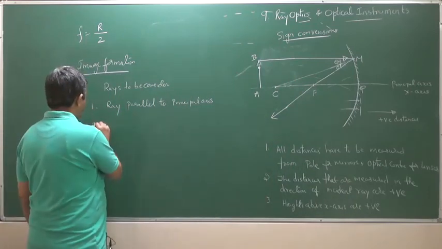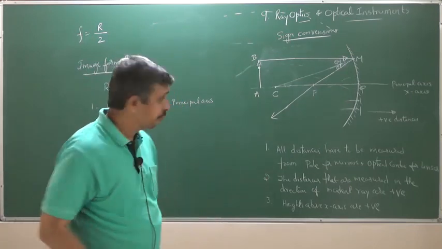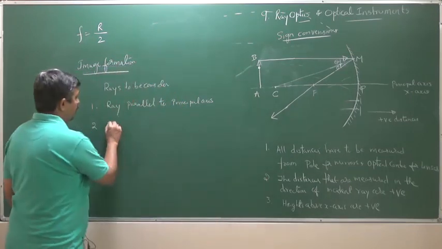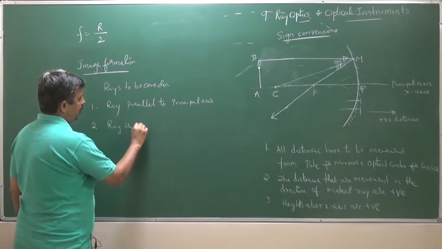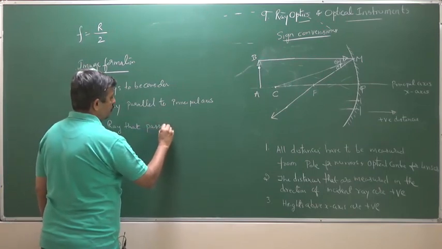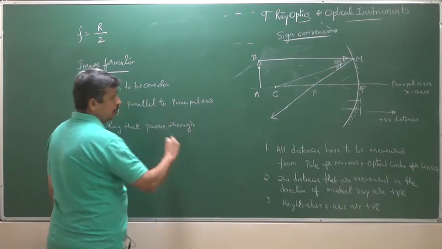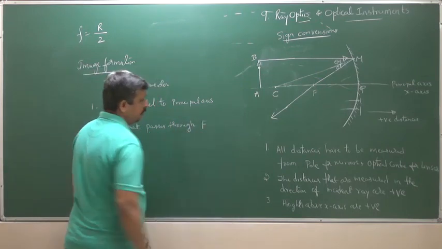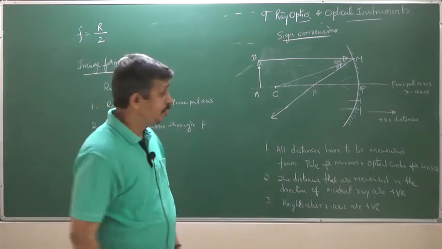Second rule is, incident ray that passes through F, what happens to that?